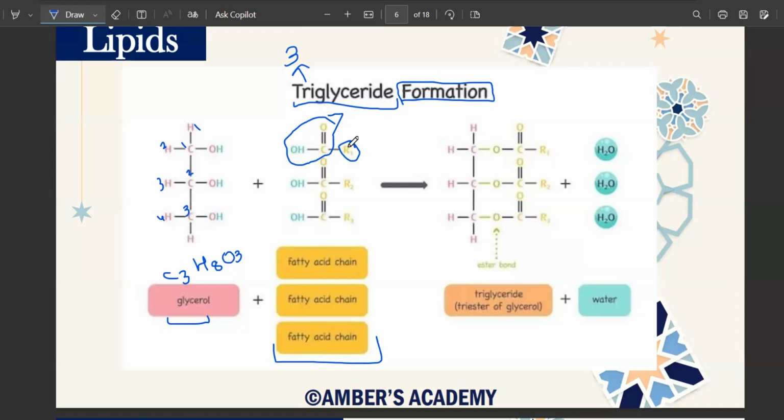Okay? If you have to attach a lot of carbon and hydrogen, it's better to write R instead of making the entire chain, because there isn't that much space in the paper to write so many carbons and then attach hydrogen. Space is limited, so we write R. R represents any length of carbon and hydrogen. You can also write this in your notes, that R is any length of carbon hydrogen.